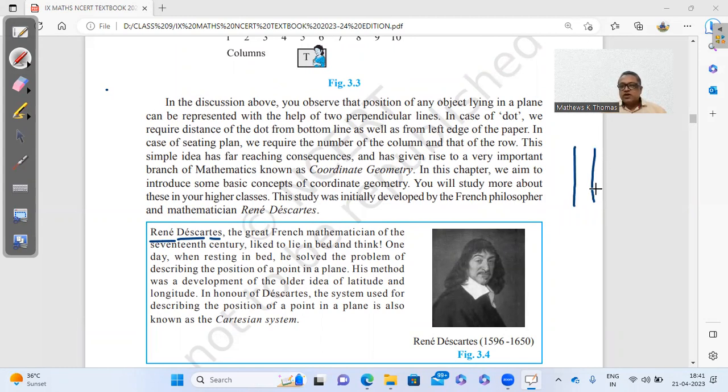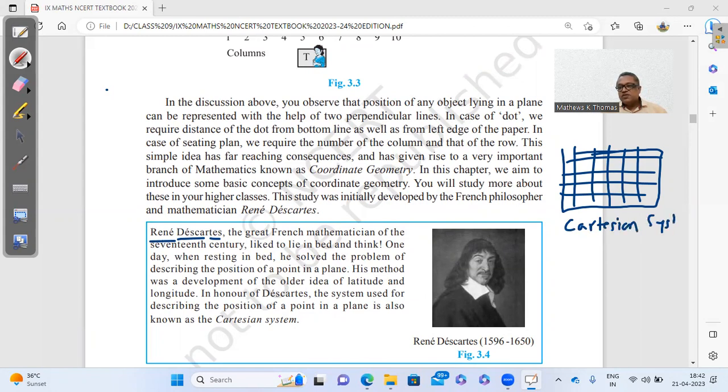Now, a spider's web has got vertical lines and horizontal lines. While lying on his bed, he got this idea that we could create something like this. And therefore, the coordinate system was born. And under his name, René Descartes, it is also referred to as the Cartesian system.